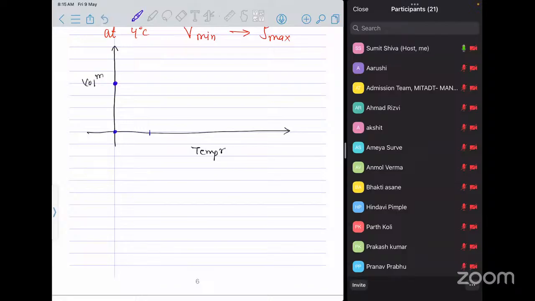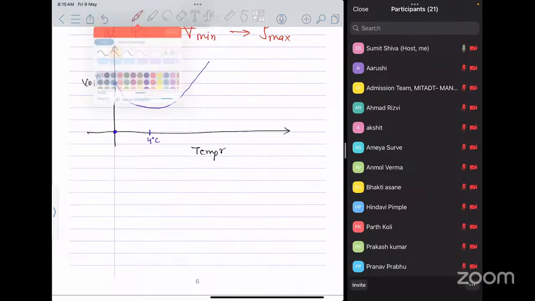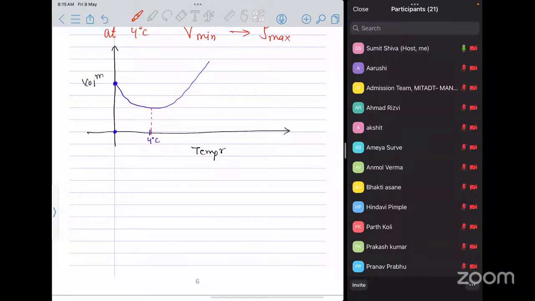And let's say this is 4 degrees Celsius, and after 4 degrees Celsius again we have temperature variation. So the graph goes like this. And at 4 degrees Celsius, volume of the water is minimum, V minimum.